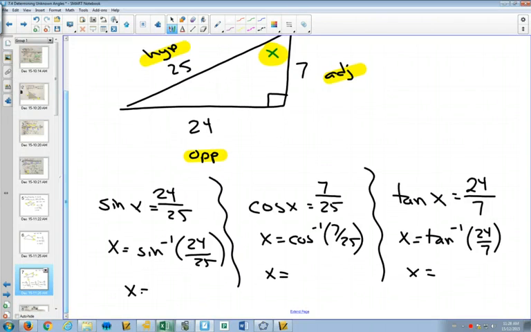Okay, someone who did sine, what did you get as your angle? 73.74. Someone who did cos?